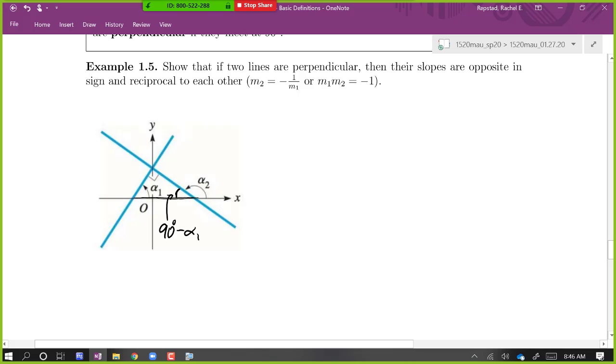That angle, 90 minus alpha 1, and the alpha 2 angle are supplementary. They form a straight line, so they add up to 180. That means alpha 2 is 180 minus 90 minus alpha 1.